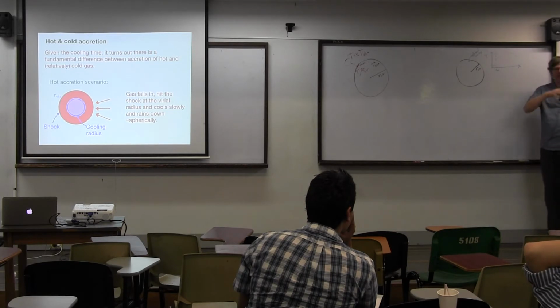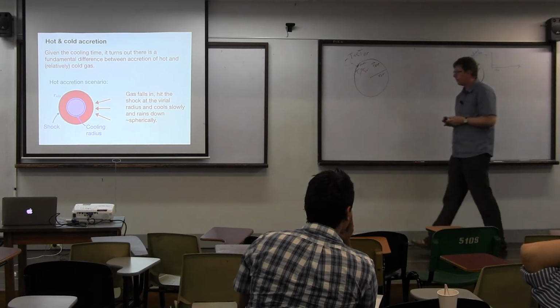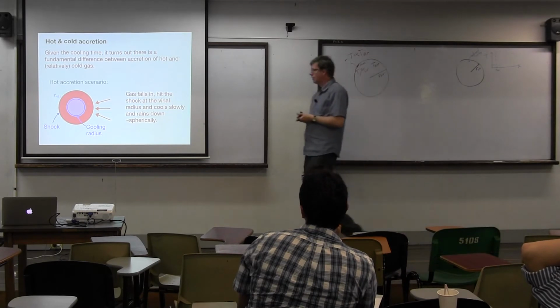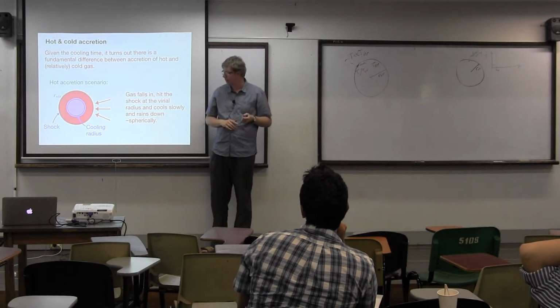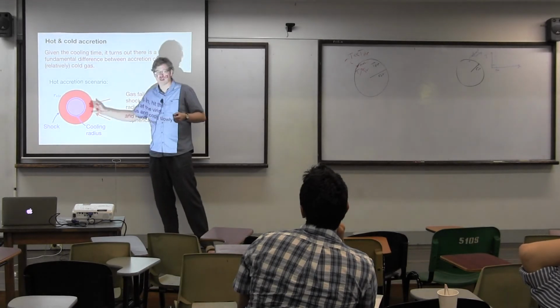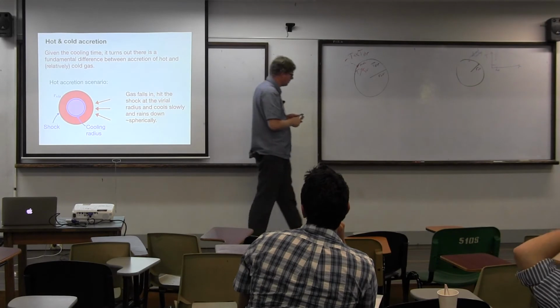So then basically your dark matter halo has a galaxy in the center, but there's an atmosphere in the dark matter halo of hot gas, which is not cooling very quickly. And that's called hot accretion. So it's hot gas. Gas does not cool down. Typically it should be hotter than 10^5 Kelvin. It's hot gas that's hanging around and slowly rains down on the galaxy. Hot accretion.